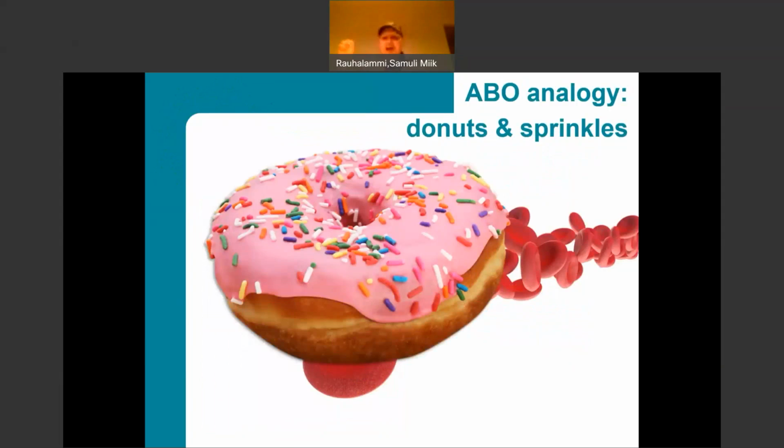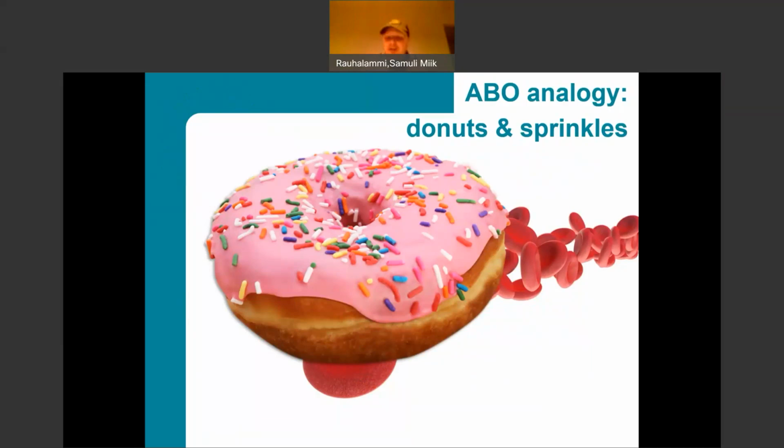Similarly, on top of red blood cells you have something we call antigens. I do realize that a real red blood cell doesn't have a hole in the middle, but it has a little depression, that biconcave disc shape. So it's close enough if you have a good imagination.